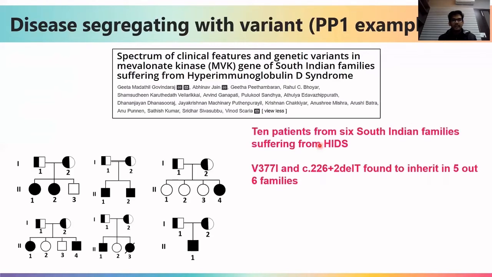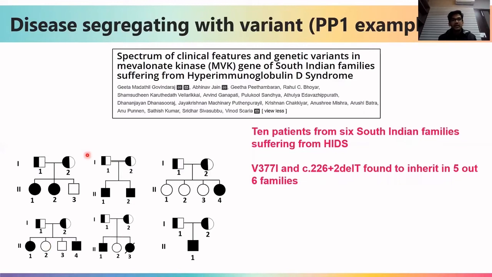Here there are 10 patients from 6 South Indian families suffering from hyper IgD syndrome, and 2 mutations have been found to be inherited in their families. Looking at the segregation of the variant, both affected individuals have segregated the mutation and are manifesting the phenotype. Similarly, the second family also inherited the mutation and is manifesting the phenotype, and so are the other families.